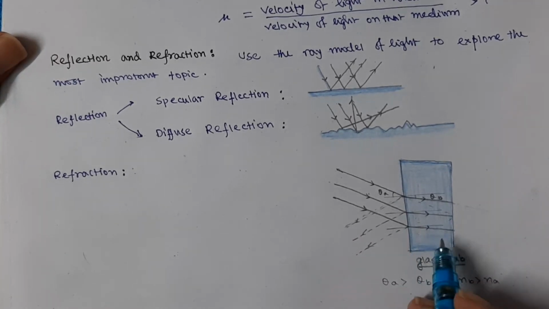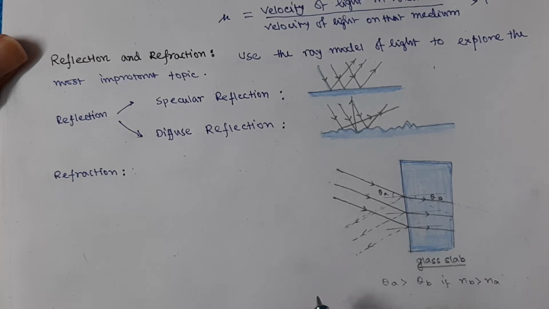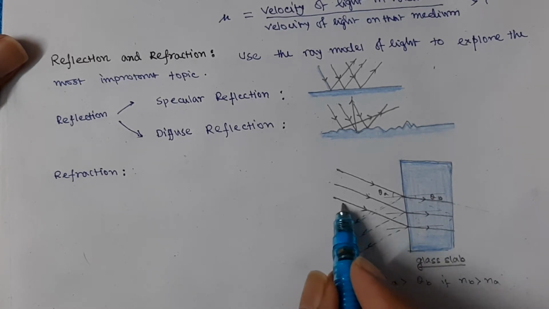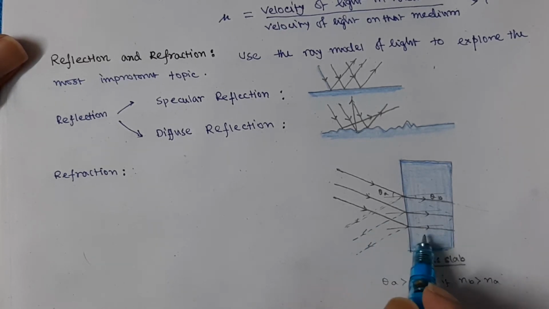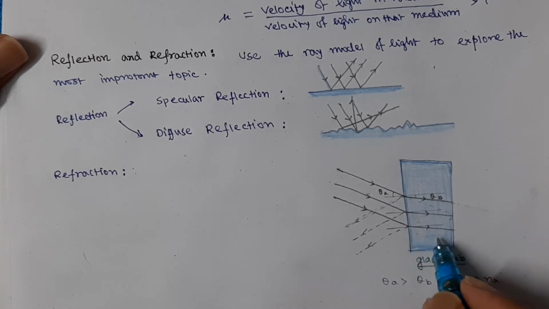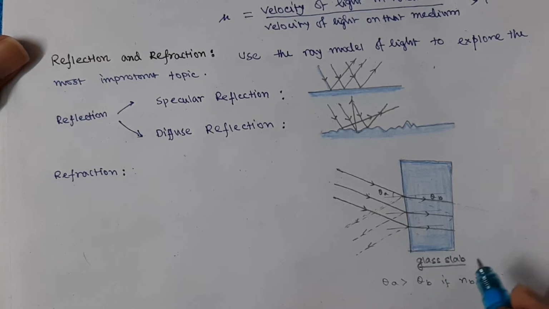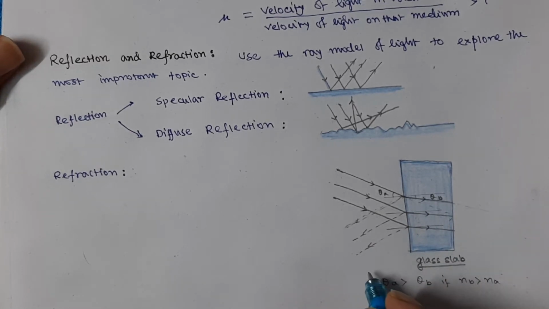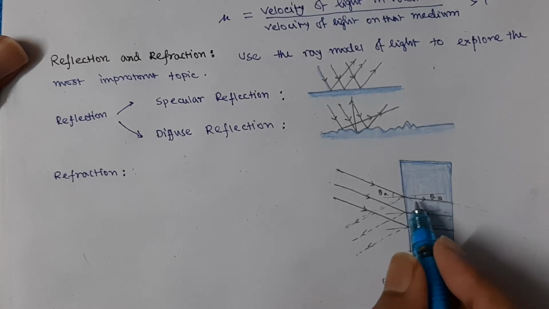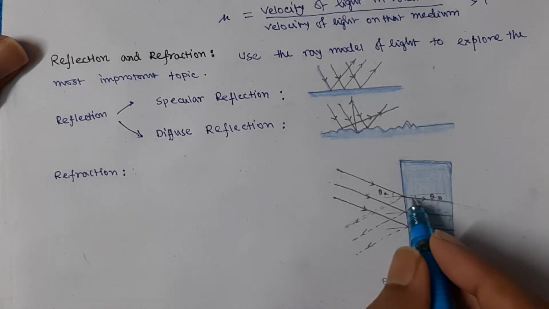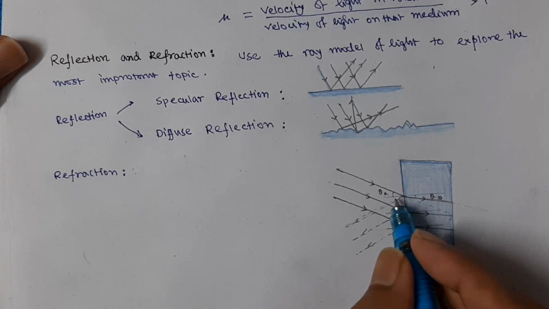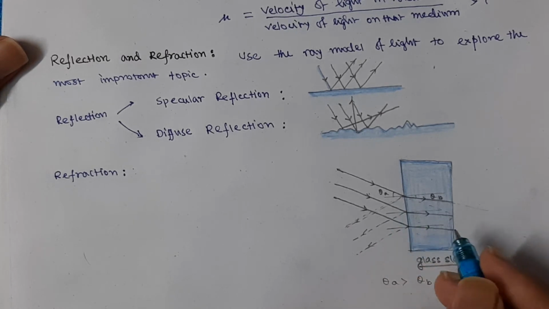So why does such an incident occur? Because light travels here with a velocity of almost c, but in the glass slab it is not exactly the velocity of vacuum. To keep the light in the same phase, the light reduces its angle with the normal when it enters the glass slab.